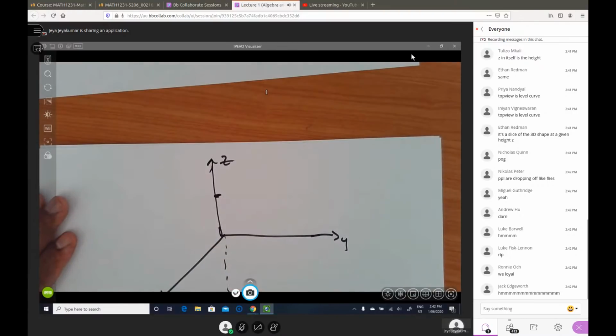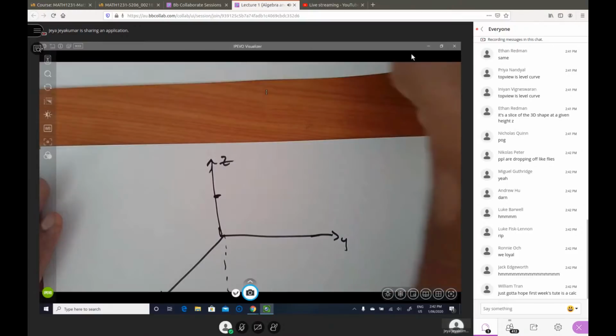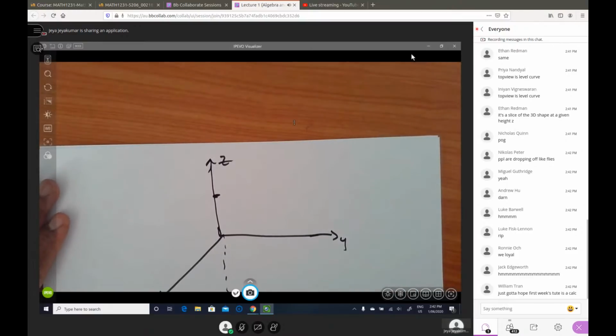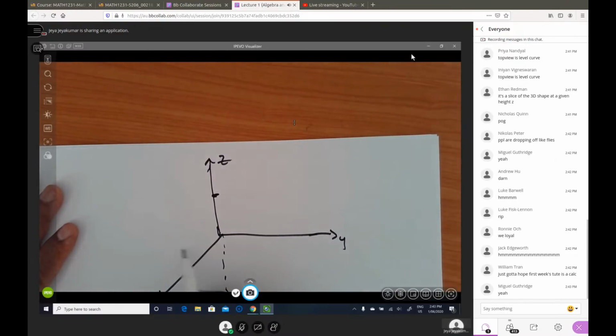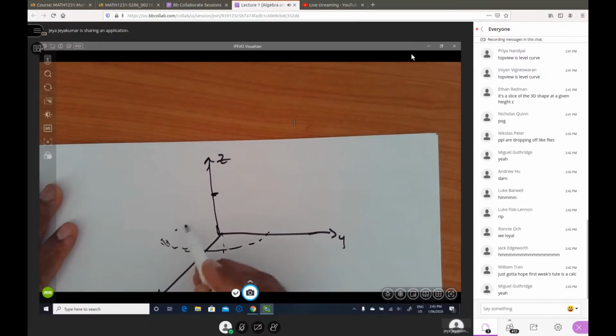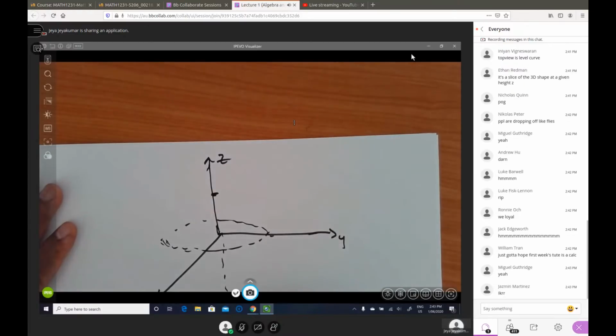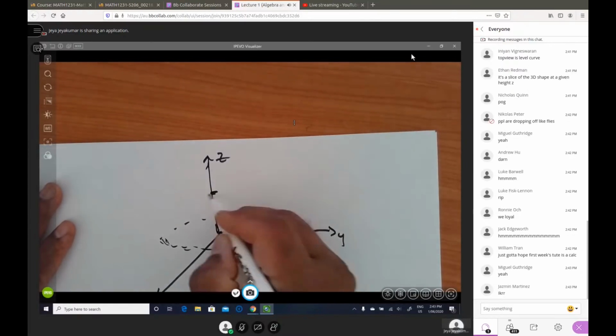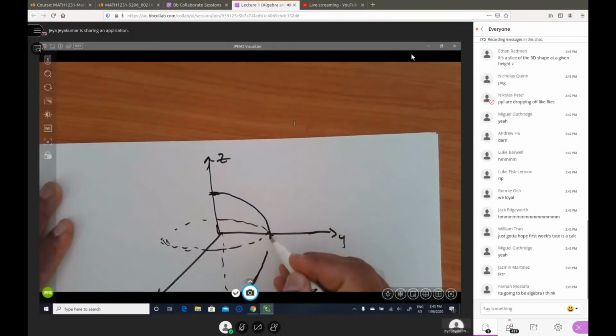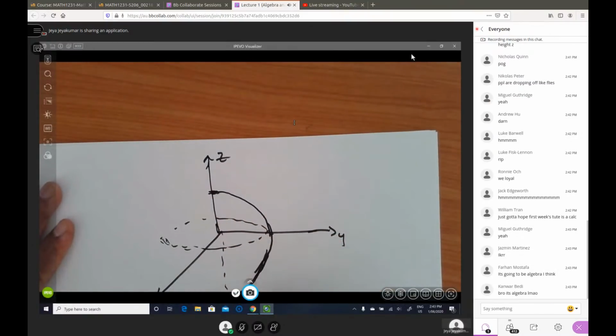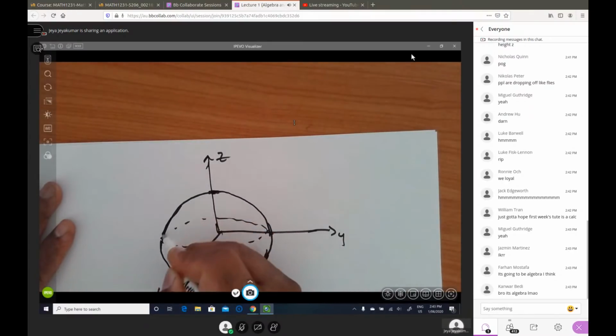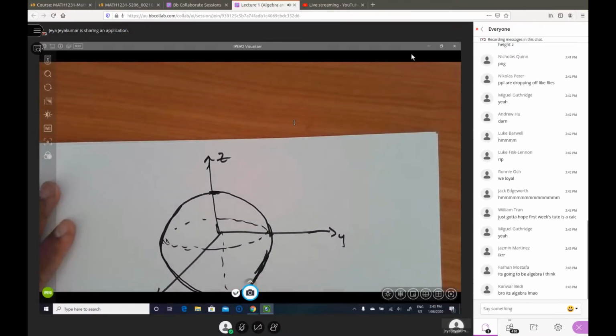And the level curve gives you that at z equals 0, in the xy plane you have a circle. And we know that the yz profile is also a circle.